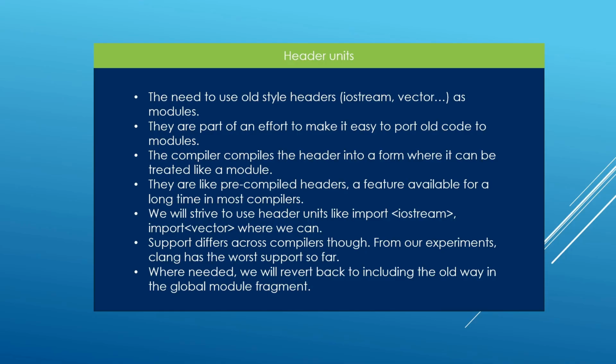Now, before we head off and try to use these concepts in practice, I want to introduce header units. Header units are a concept we have to try and use existing headers as module files. For example, in all the C++, we are used to the iostream header, we are used to the vector header.